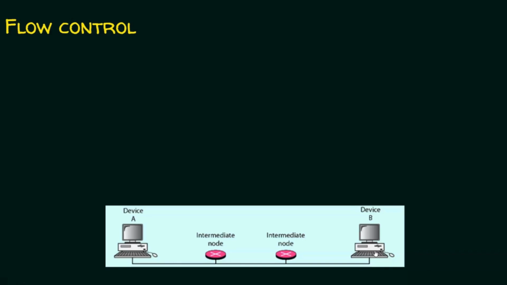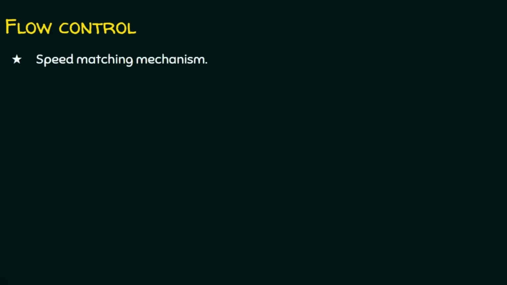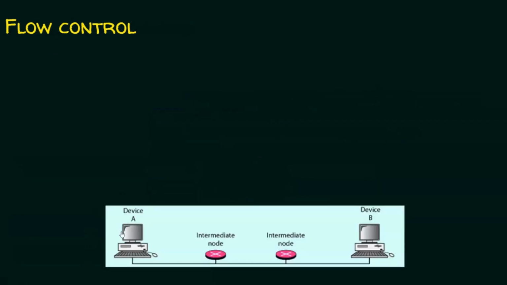At some point, device B will lose the data frames sent by device A. So before sending the data, both devices must mutually agree upon a flow control mechanism. So we can say flow control is a speed matching mechanism.